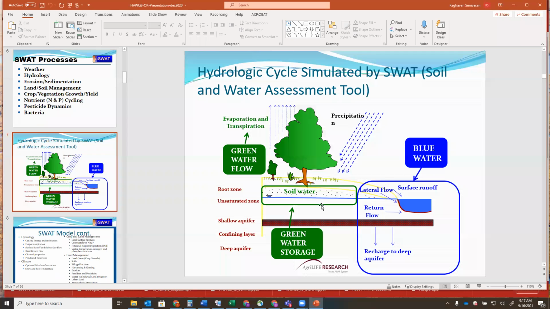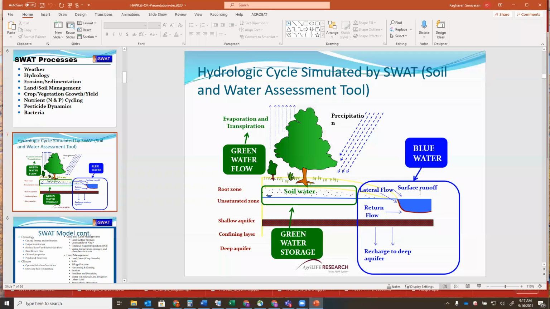And the water that percolates to the shallow aquifer can return as return flow or lateral flow from the soil profile. And then through the confined layer, water could recharge the deep aquifer. So every one of these is a model output here. The only inputs are your precipitation, your plant, and the soil parameters.